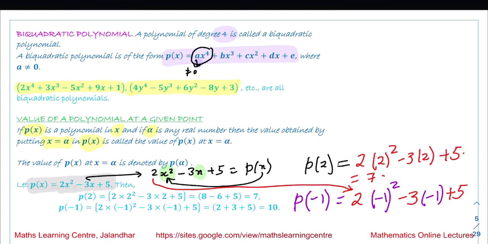When you solve this, you will get the answer 10. So this is called the value of the polynomial p(x) at x equal to minus 1. We write it as p(minus 1), and its value is 10.